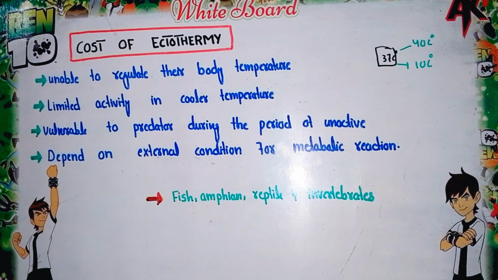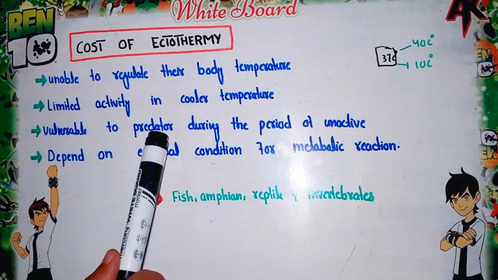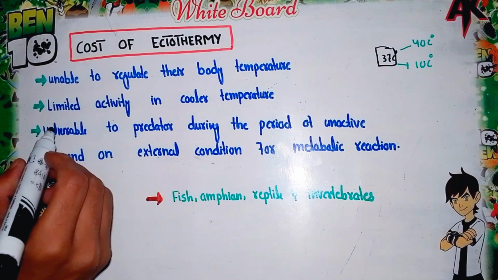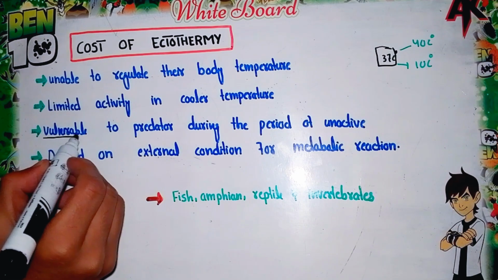Now the third cost of ectothermy is being vulnerable to predators during the period of inactivity. When the temperature is cooler, these organisms become inactive and perform limited activities, so they are vulnerable to predators.